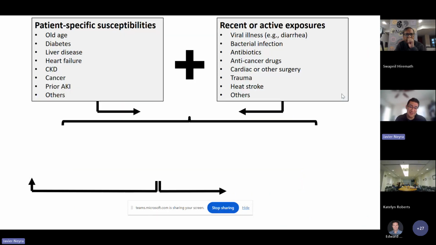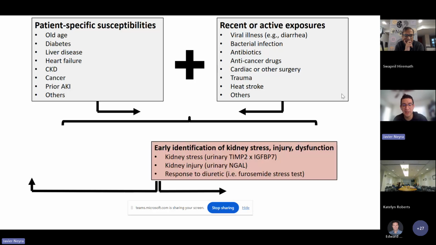So to summarize, so you guys can go to rounds: at this stage, you may not have an AI/ML tool embedded in your EHR, but you are very competent to evaluate patient-specific susceptibilities and also recent or active exposures to classify risk of AKI.